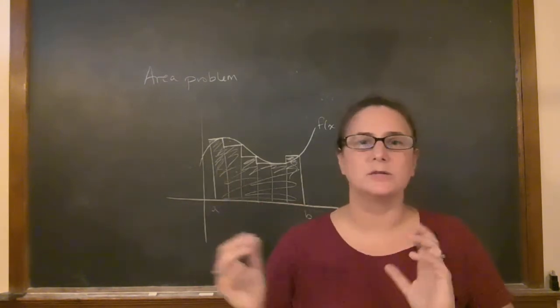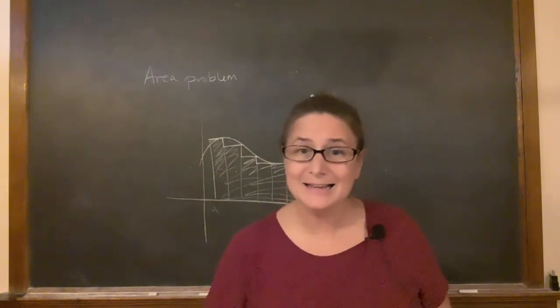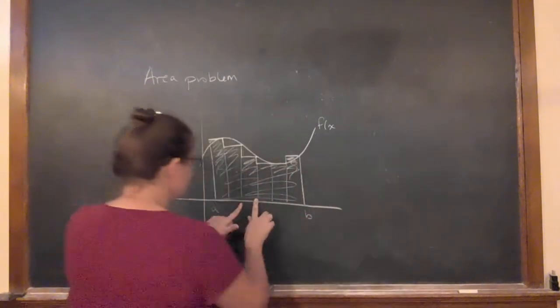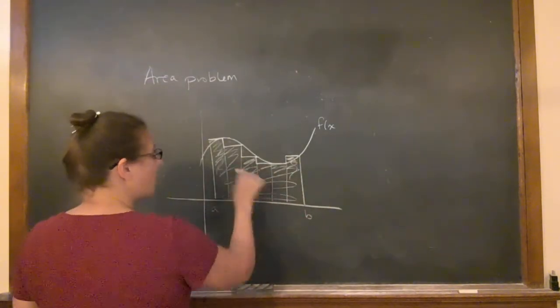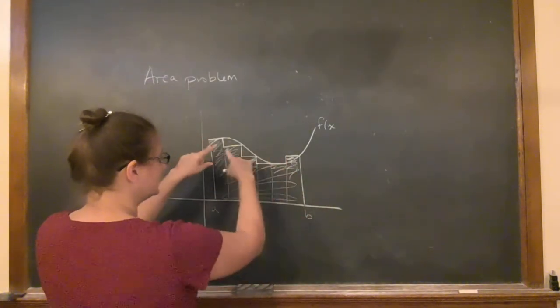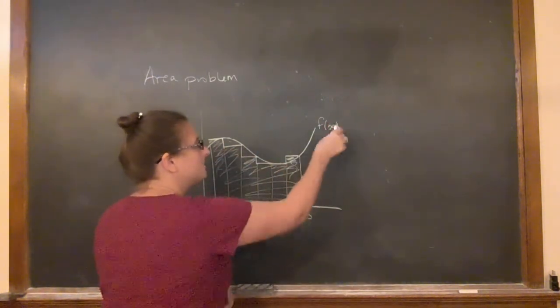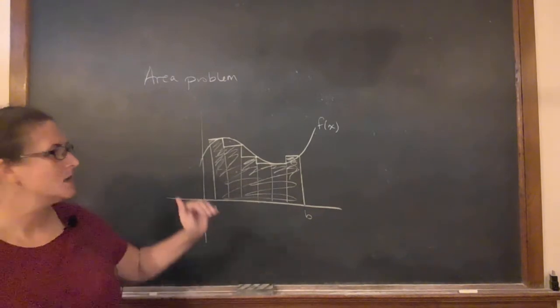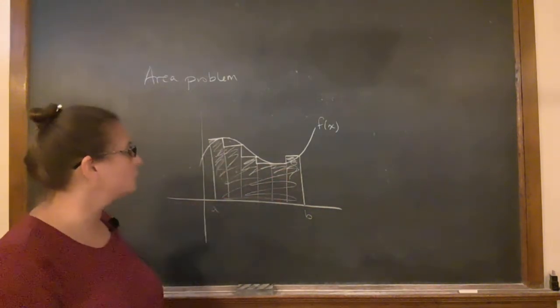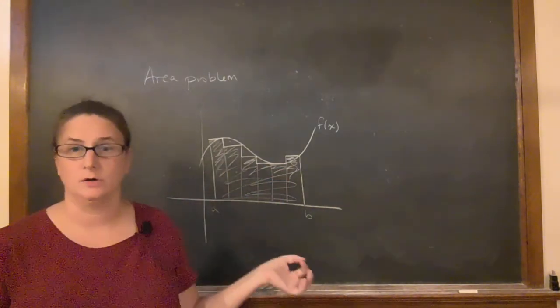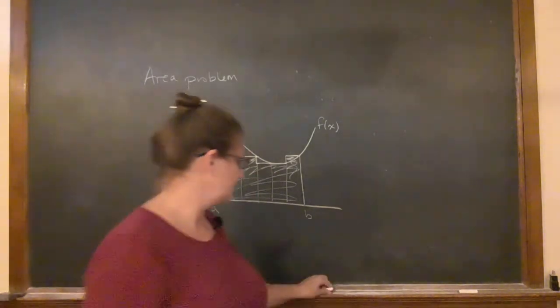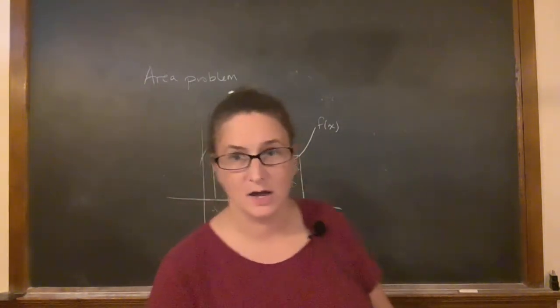You can see they do it with a computer. It's very pretty. But the idea is that we're going to make smaller and smaller rectangles. And as we have smaller and smaller rectangles, you get less overshoot and undershoot. And you can get to the actual area under that curve. So those are the three big problems we'll be talking about this semester.